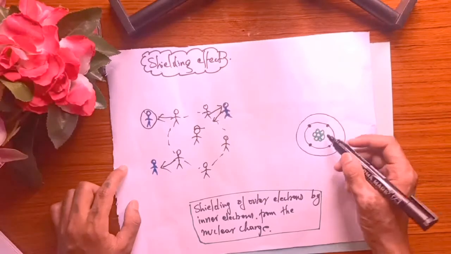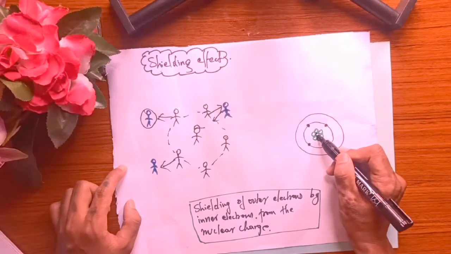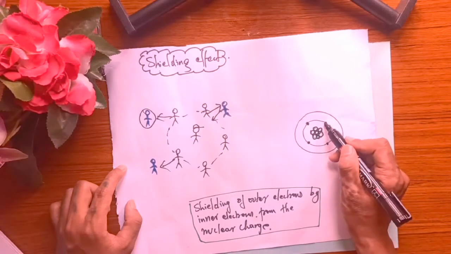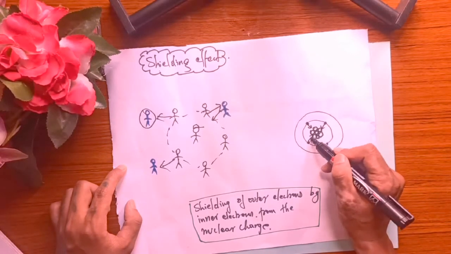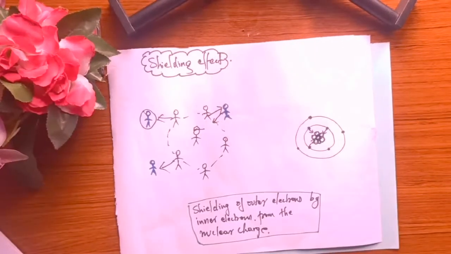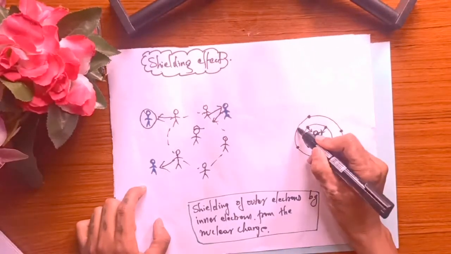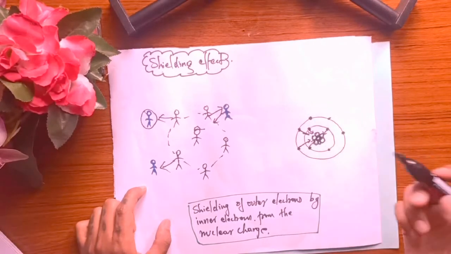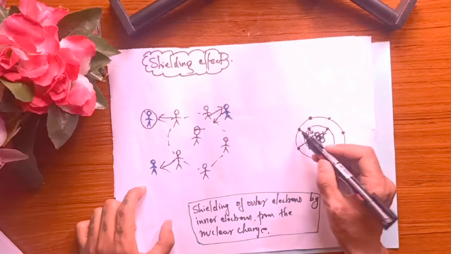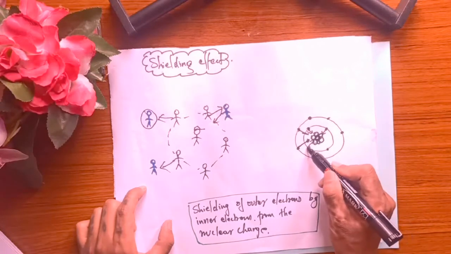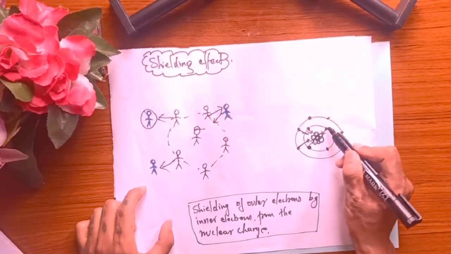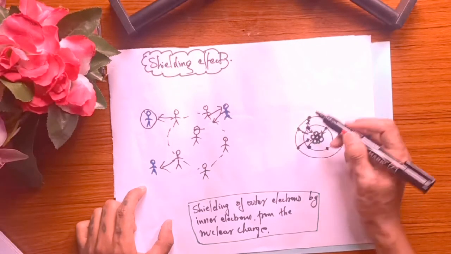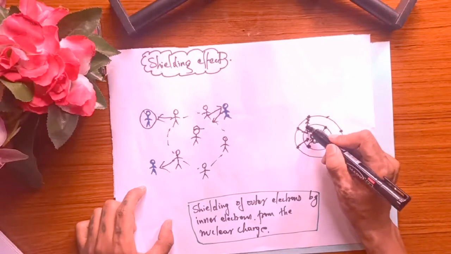If you take an atom here, you see the nucleus here. The nucleus is attracted to all of these electrons here. These are the bodyguards here. So it's the outer electrons here. The nucleus attracts even the outer electrons. While the nucleus attracts the outer electrons, the inner electrons are going to push back the outer electrons when they try to get closer to the nucleus here.